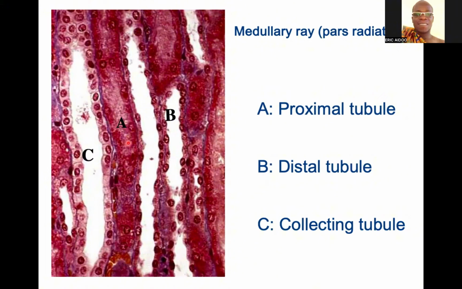Also, the cuboidal nature of the lining epithelium is very clear in the collecting tubules compared to the others. This looks more squamous in nature. That's as that one too. But this is very clear cuboidal.